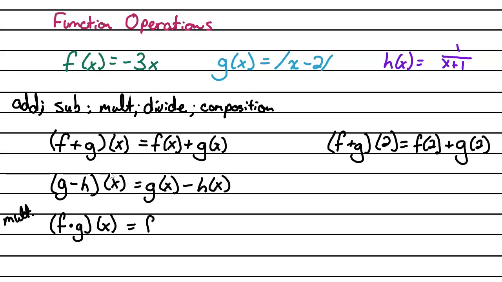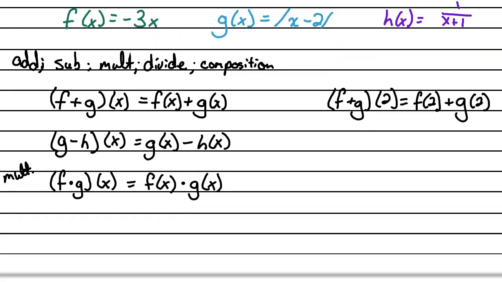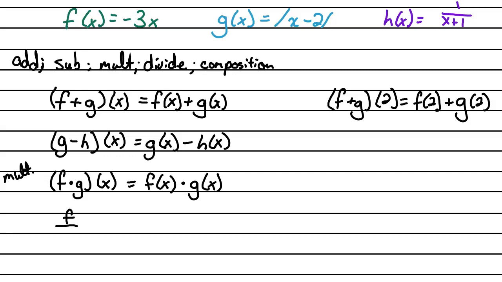So this says to take f of x and multiply it by g of x. And of course, if we have f divided by g of x, we take our f function and divide it by our g function. So these are our four major operations that we look at.